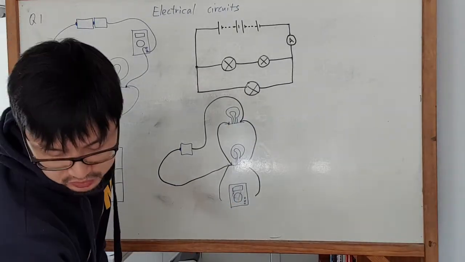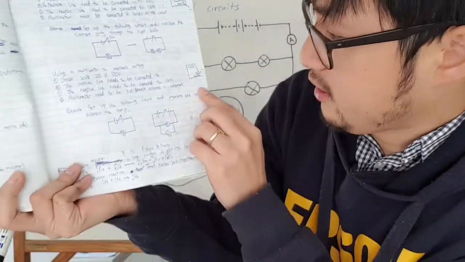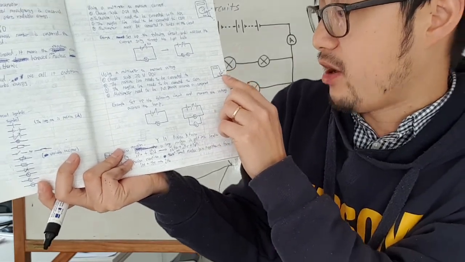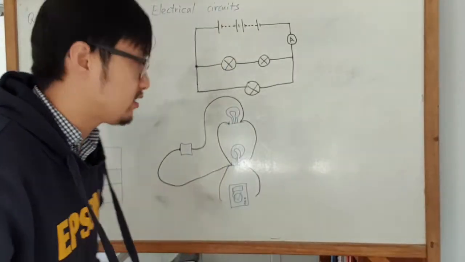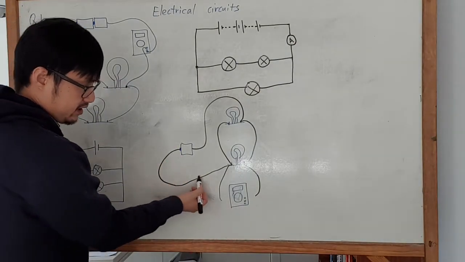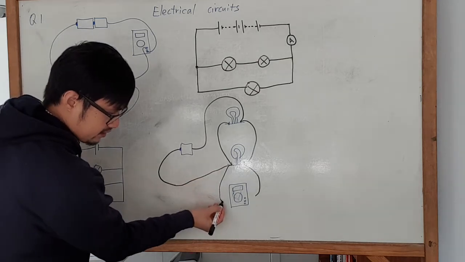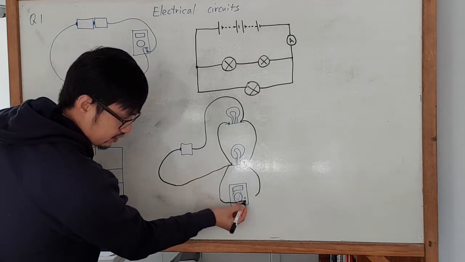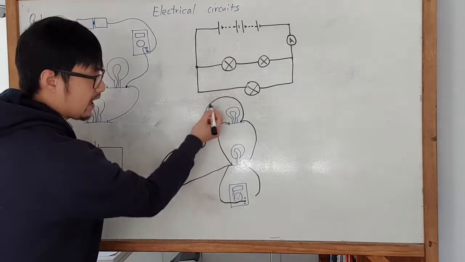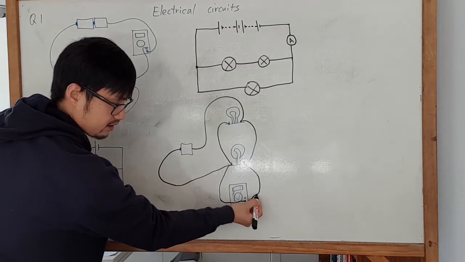So then we're going to use what we've learned about the voltmeter from the last page over here. When you use it as a voltmeter, the positive side needs to connect to the middle one. So this is the positive side, coming here, here, and coming here. That positive side needs to go to the middle one over here. And then the negative side is connected to the COM, which is the bottom one, COM here.